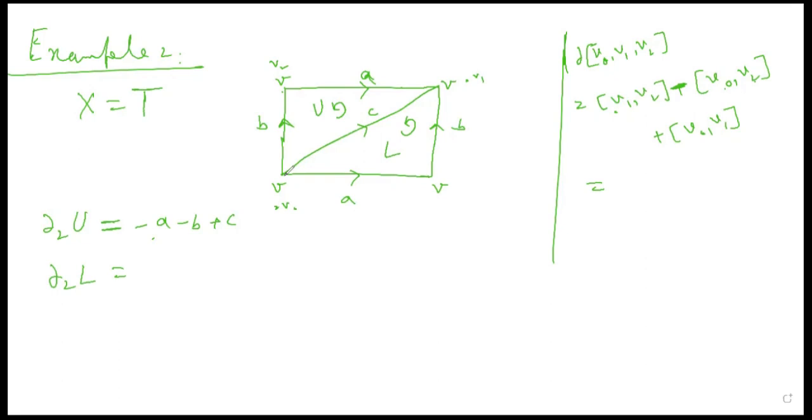So you remove this one here, then you have this, B, and then if you remove this one, then you have this, that is C, but with minus sign. Now if you remove this one, then you have this, that is A, with plus sign. So basically you have A plus B minus C, right?